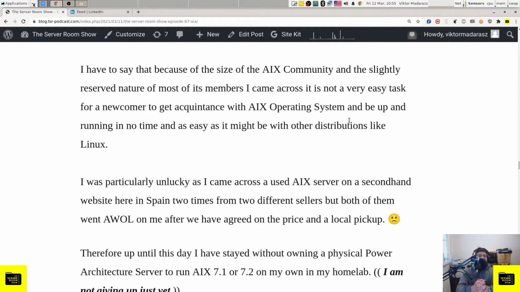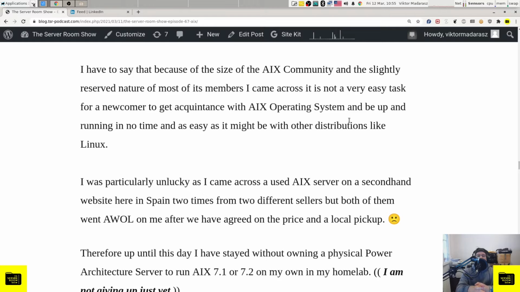I have to say that because of the size of the AIX community, as mentioned previously, and the slightly reserved nature of most of its members I came across personally, it is not a very easy task for a newcomer to get acquainted with the AIX operating system and to be up and running in no time. It's nowhere as easy as it might be with other distributions like Linux.